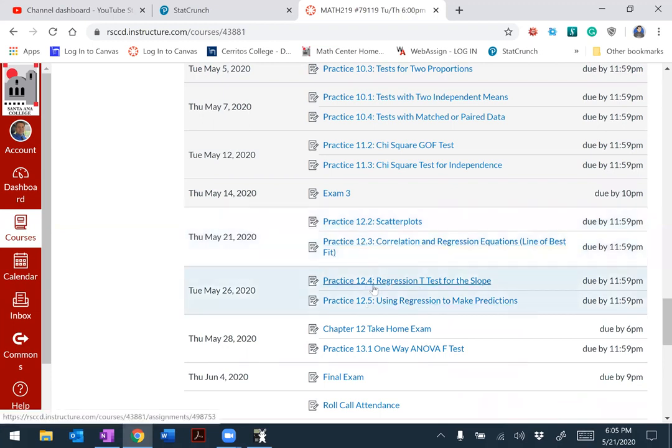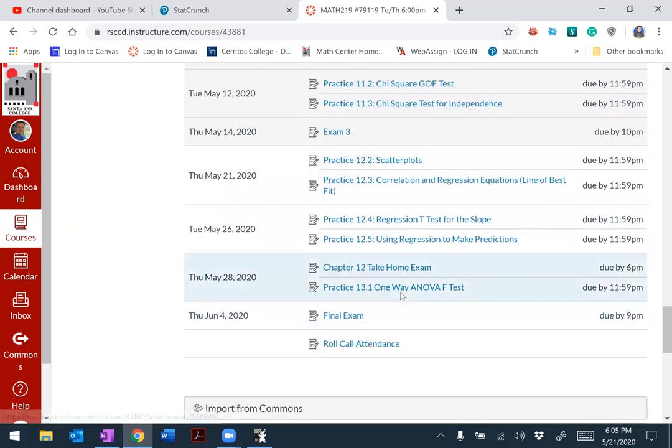And then Tuesday you'll have the stuff from today's lecture due, okay? And then on Thursday you'll have the take-home exam and the one-way ANOVA that we'll go over on Tuesday, and then we'll do a final exam review and then final exam.